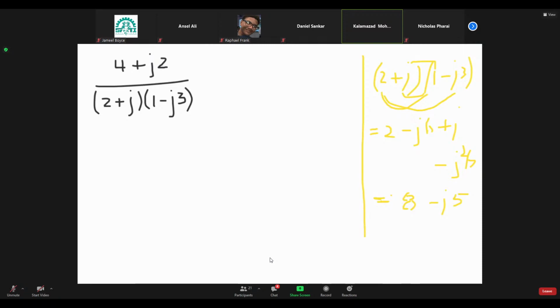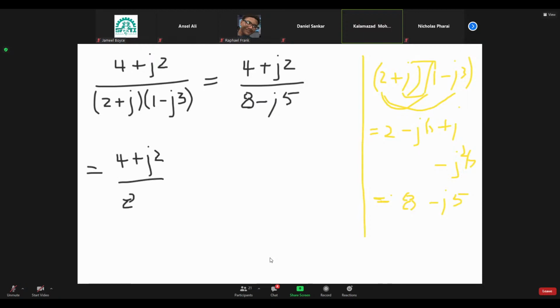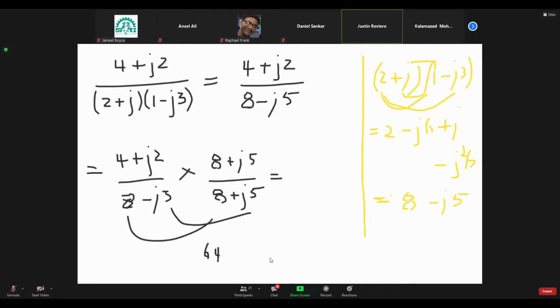So this is now going to be equal to (4 + j2) over (8 - j5), which is equal to (4 + j2) over (8 - j5) multiplied by (8 + j5) over (8 + j5), which is equal to, all right, we know it's 8 by 8 is 64, and 5 by 5 is 25, yeah.